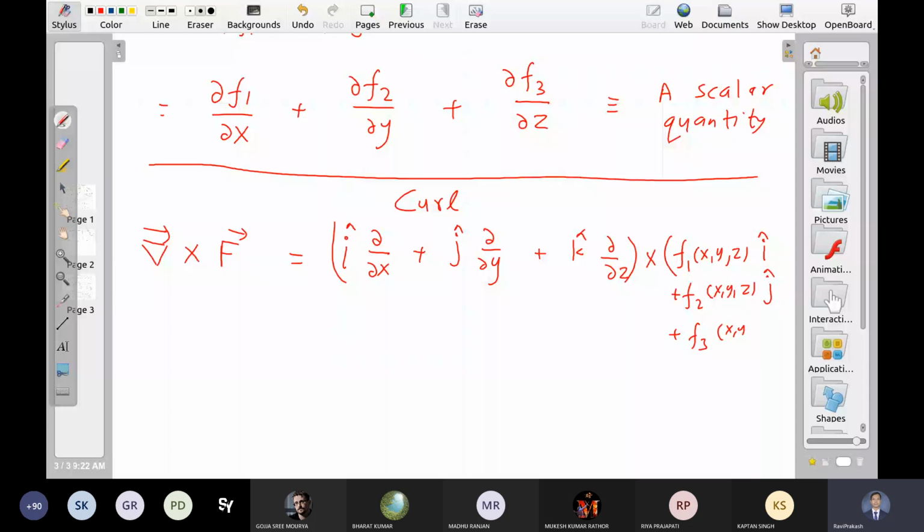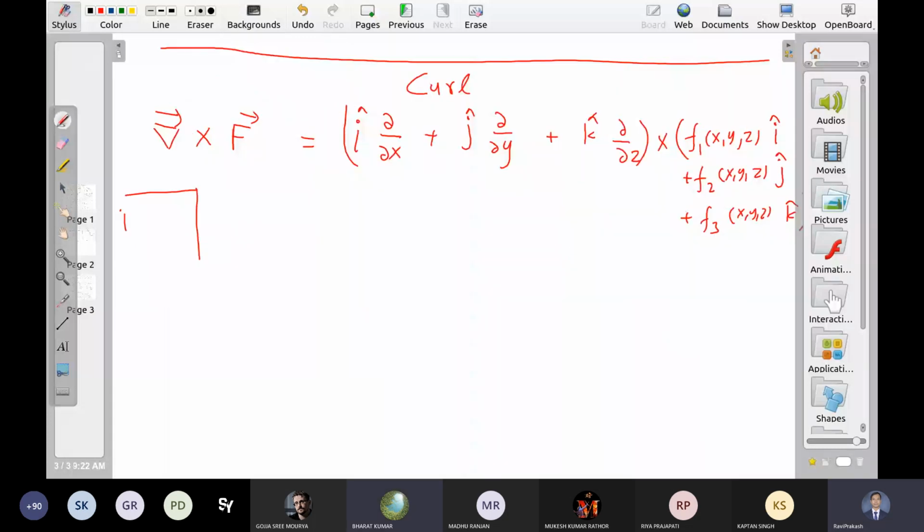Either use the formula that i cross j is equal to k, k cross i is equal to j, j cross k is equal to i, or we can also use the determinant.